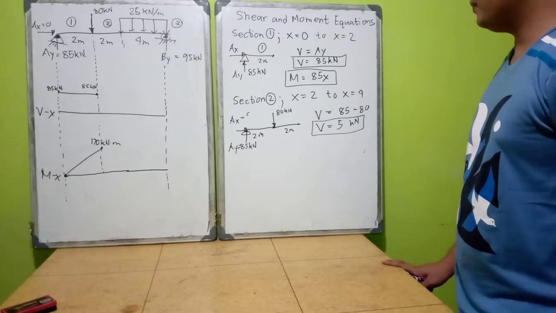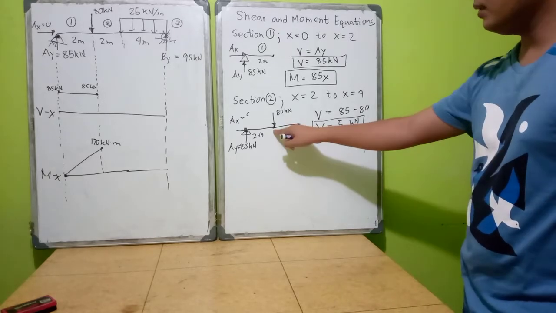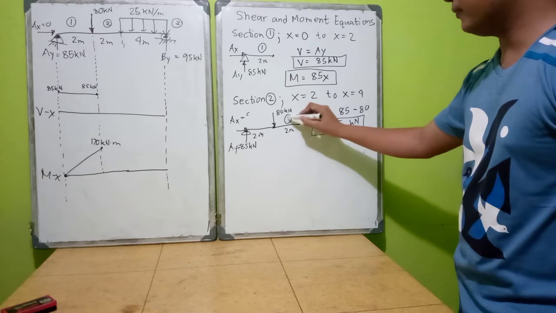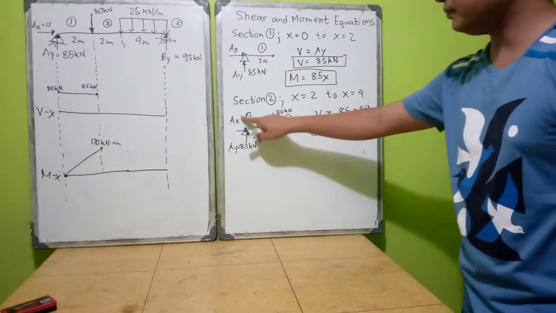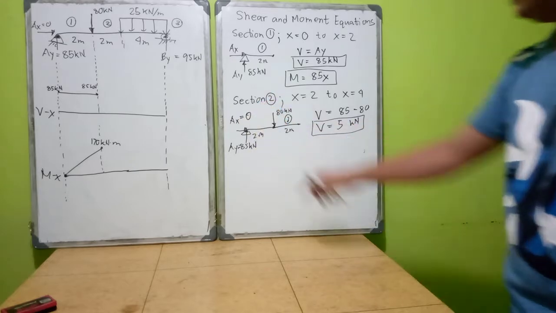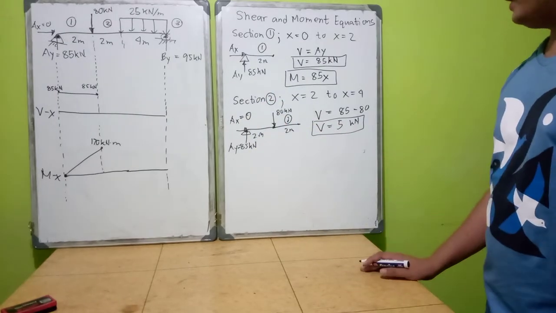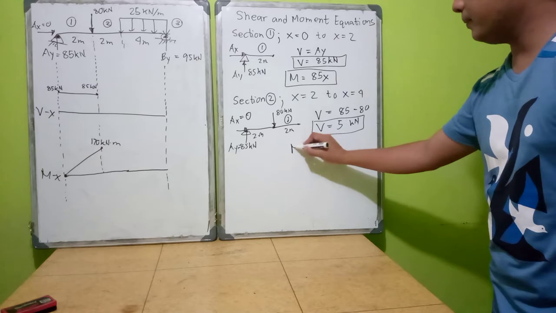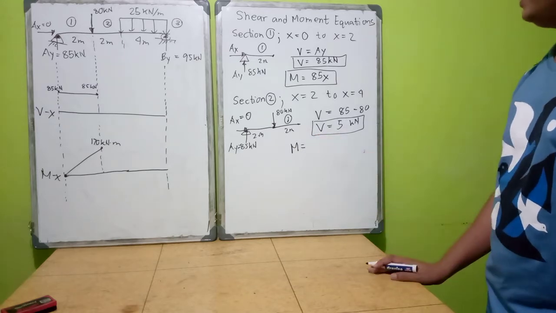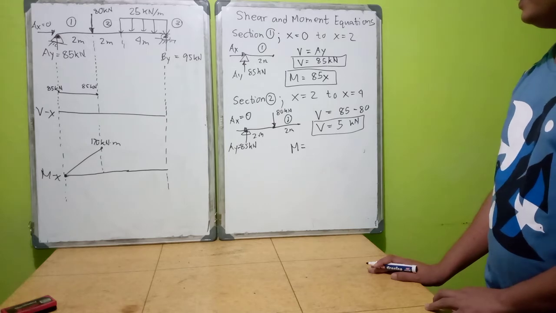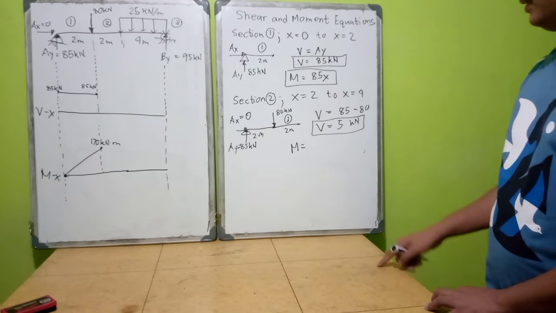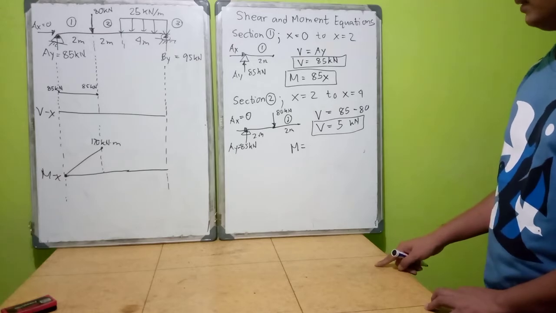So from this at section 2, that is your shear. But now your M, what are you going to do?